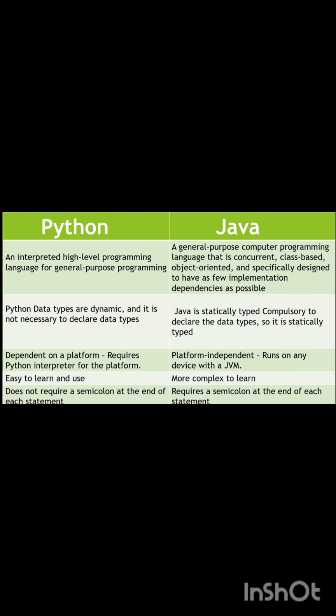So the next point is Python data types are dynamic and it is not necessary to declare the data type, but Java is statically typed, so it is compulsory to declare the data types.